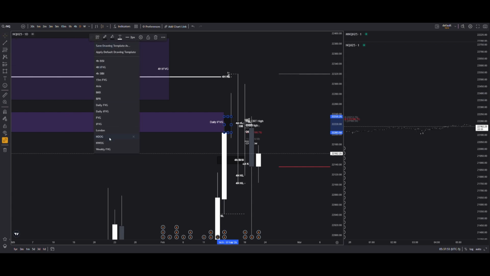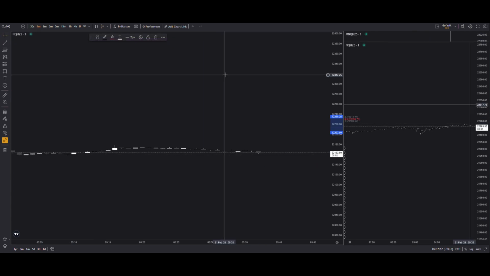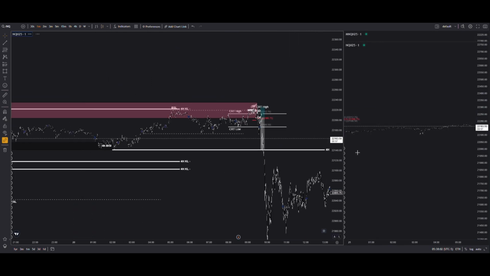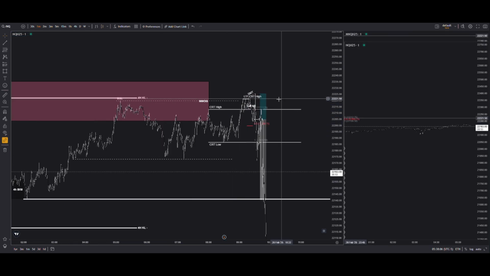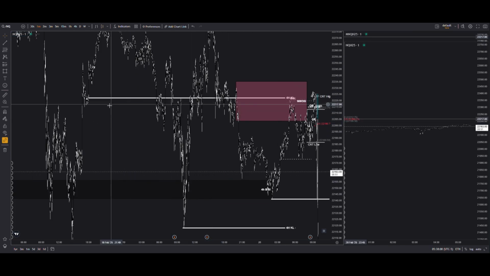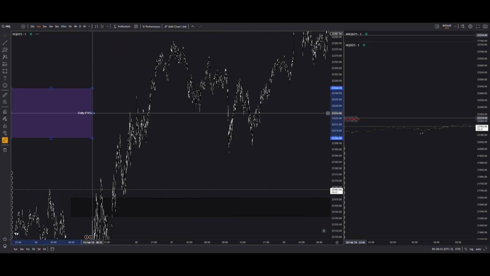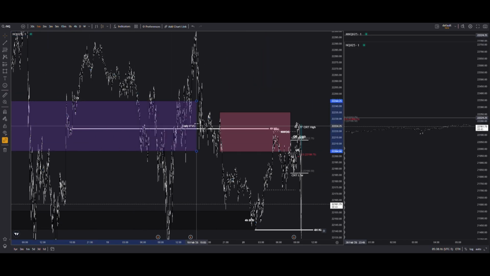Then NWOG. This could also be used as our key level for confluence, as well as our daily IFVG, which was being very well respected on the daily.